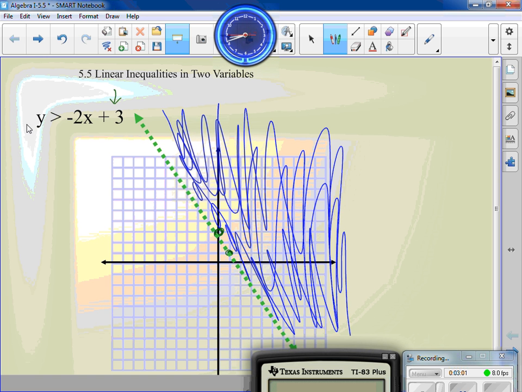What this means is, if I picked any number, let me just pick this point right here.